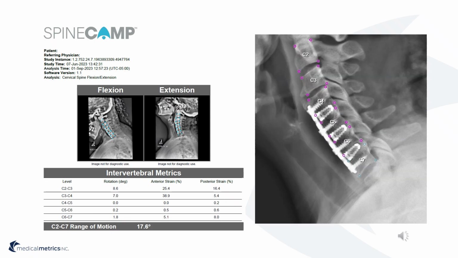Rotation at C6-C7 is 1.8 degrees, with anterior and posterior strains greater than 5%. Depending on the rotation threshold used to diagnose a pseudarthrosis, this level could be diagnosed as fused or a pseudarthrosis. Based on strains, this level would be diagnosed as a pseudarthrosis, and based on stabilization, C6-C7 is not fused.